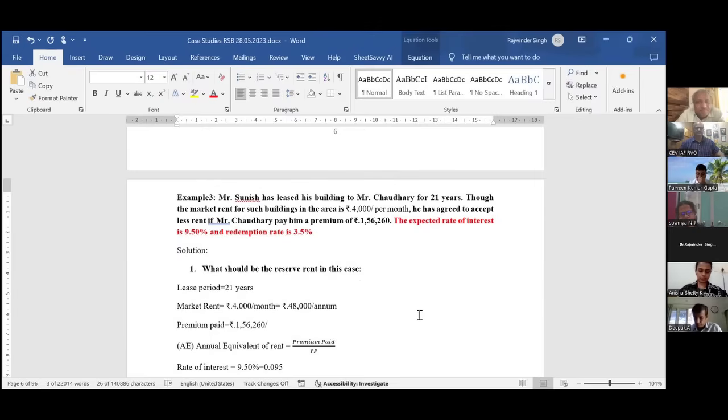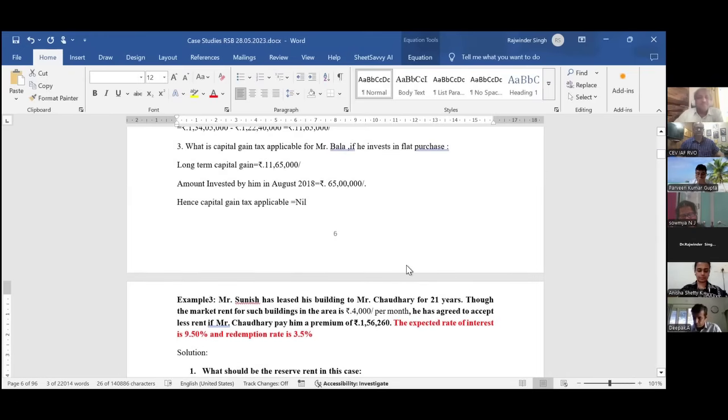From an engineering point of view, let us suppose you have constructed a building today by investing 60 lakh. In sinking fund, it is assumed that after 60 years, at the end of the life of the building, this 60 lakh construction cost will remain 60 lakh. That is not true. That may become 1 crore 60 lakh after 60 years.